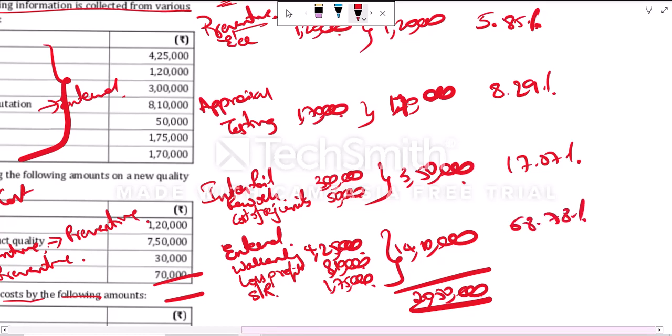This is the percentage of each category incurred in total quality cost.